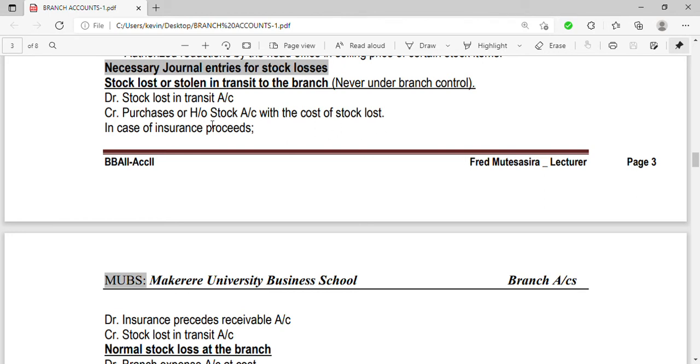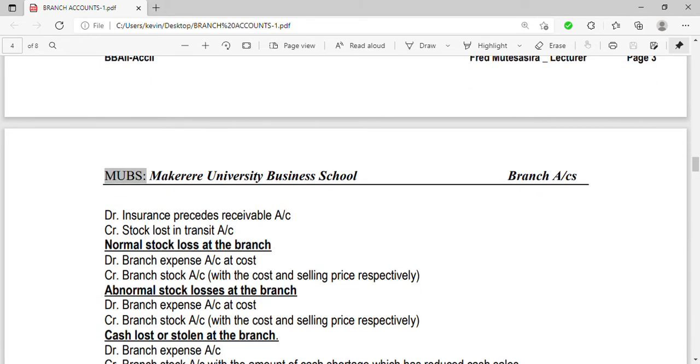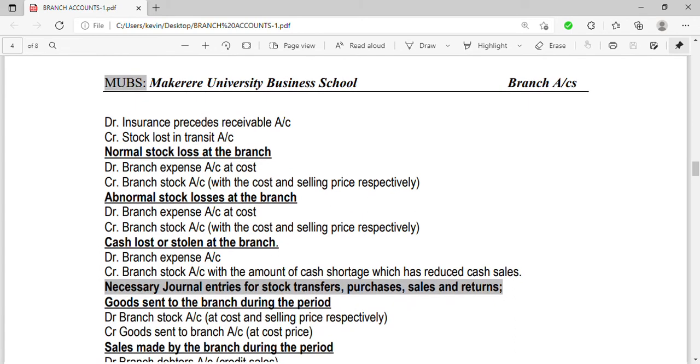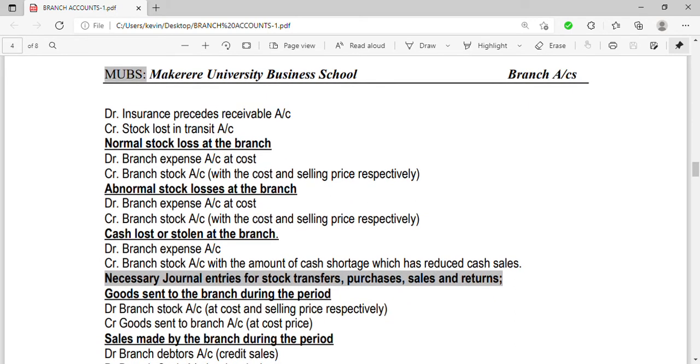In case the stock that was lost was insured, we debit the insurance proceeds receivable account.